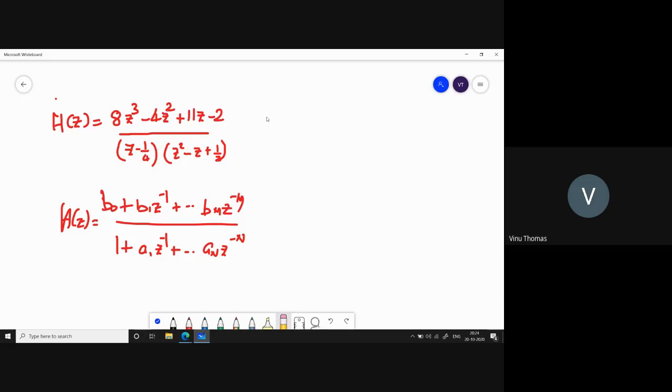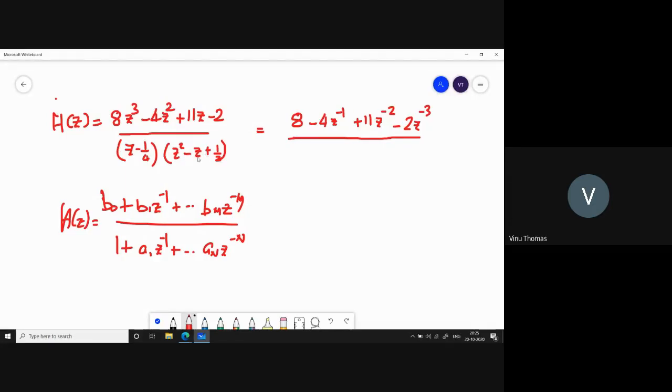If you multiply by Z raised to minus 3, the numerator would be 8 minus 4 Z raised to minus 1 plus 11 Z raised to minus 2 minus 2 Z raised to minus 3, divided by... You have to multiply the denominator by Z raised to minus 3 as well. So I will take a Z raised to minus 1, multiply this by Z raised to minus 1 and multiply the other factor by Z raised to minus 2.